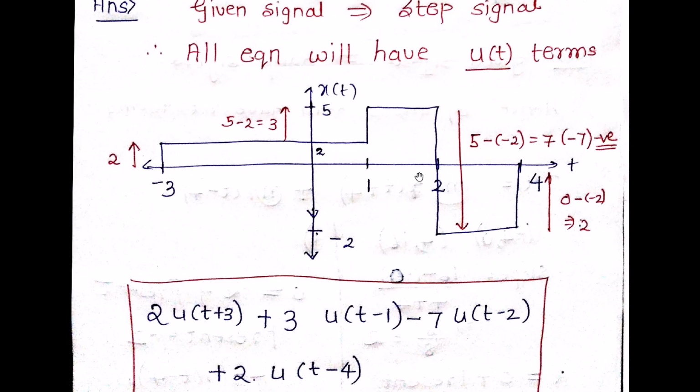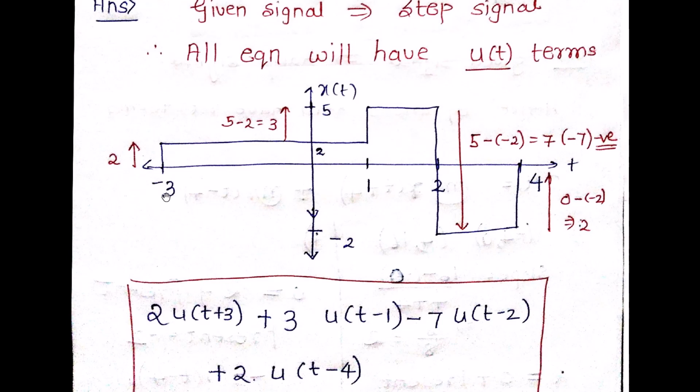Now if you look at this graph, we have changes at -3, 1, 2, 4. The values are changing, and since it's a step function, we are going to have terms of u of t.